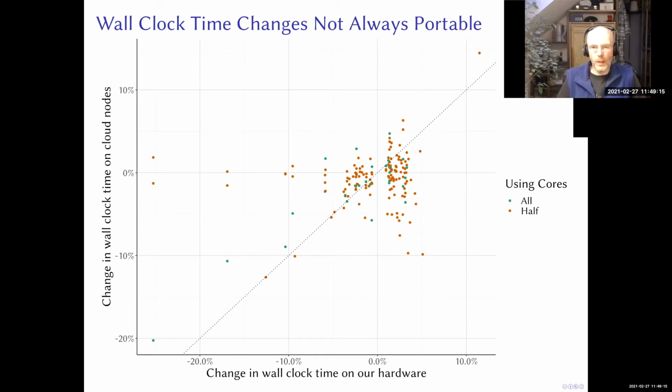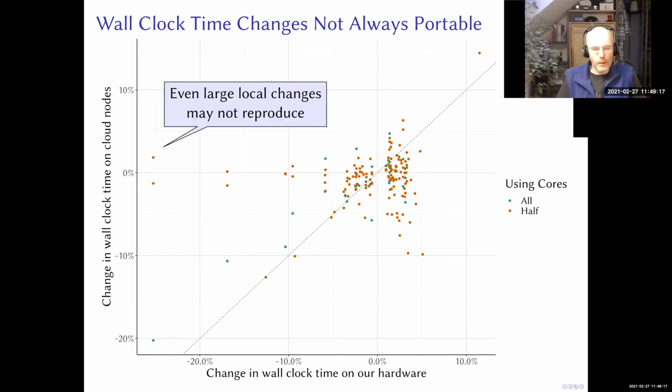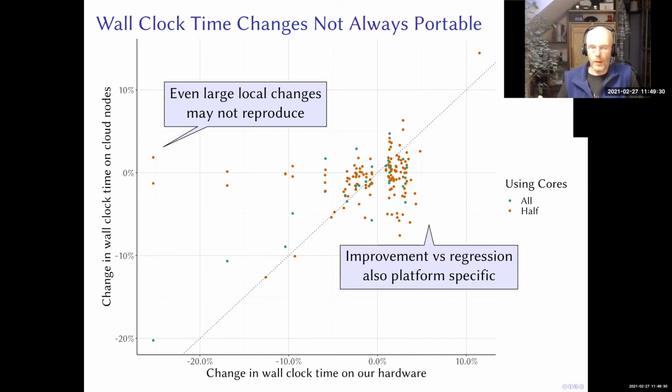So we see that we have cases where we see a large change locally, like 30%, and that change is almost not visible in the cloud. And we also see changes where what is an improvement, for example, on our platform is in fact a slowdown or a regression on a different hardware platform.